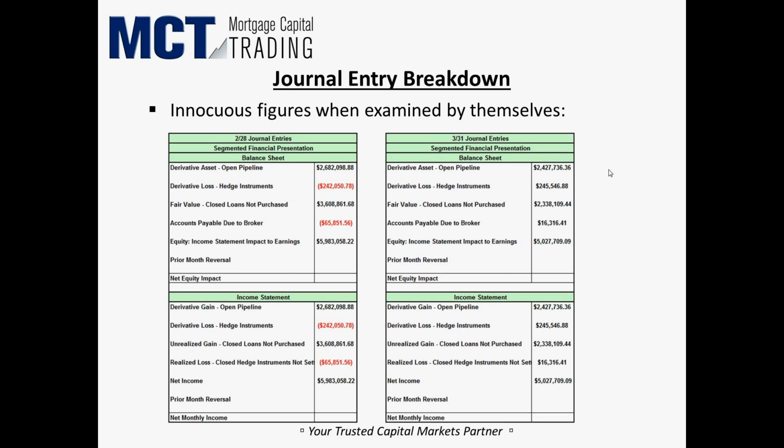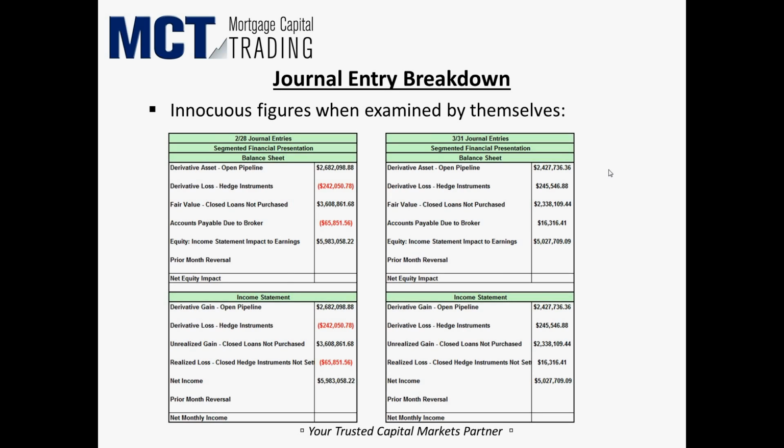By the way, this client has about an $80 million open pipeline. So if we take a look at the open pipeline value, we've got $2.6 million in the derivative asset pull-through adjusted open pipeline. We've got a derivative loss, so the hedge positions are out of the money, $240,000. That's going to get us to about $2.4 million gain on sale on the open pipeline.